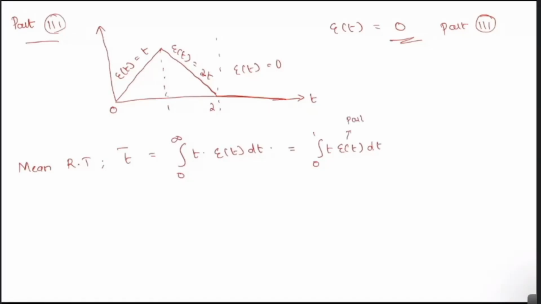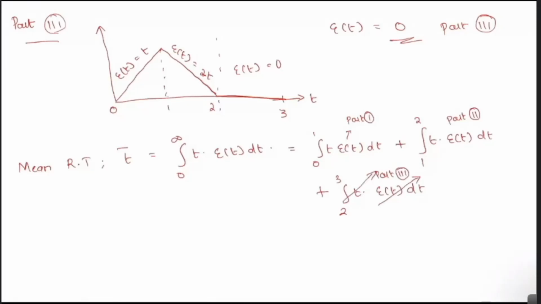Then this is added to integral 1 to 2 t into E of t dt for part 2 plus integral 2 to 3 t E of t dt for part 3. Now E of t for part 3 is basically 0, so the third term will get cancelled.